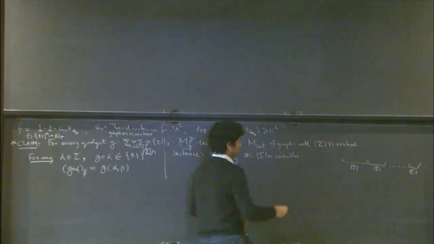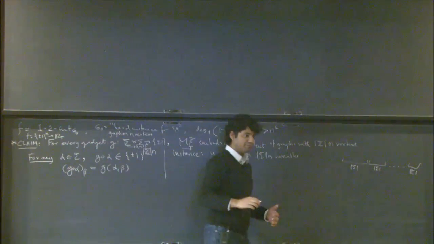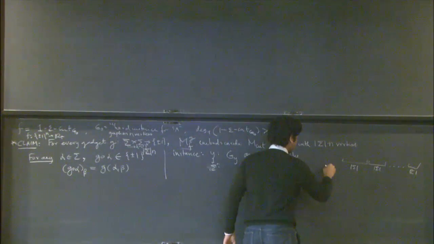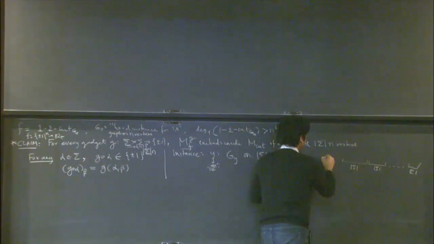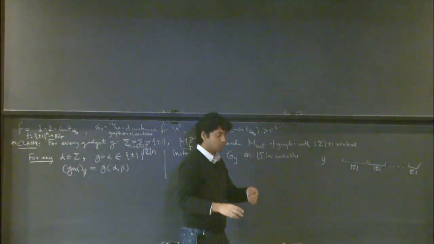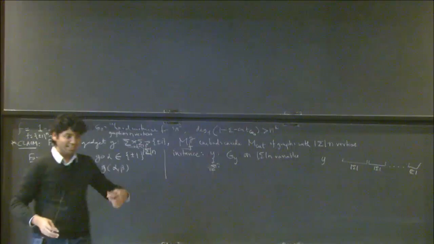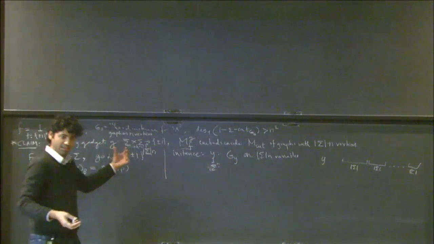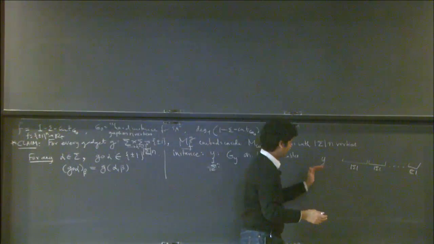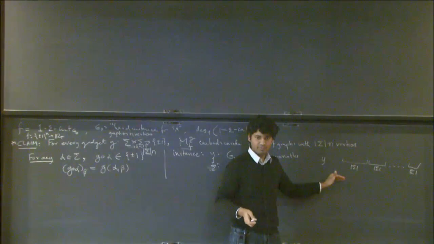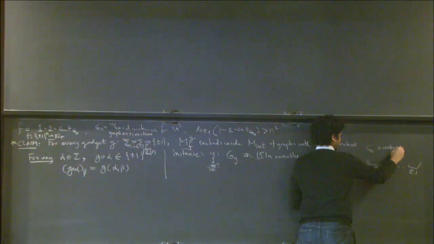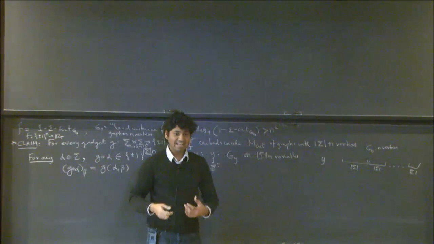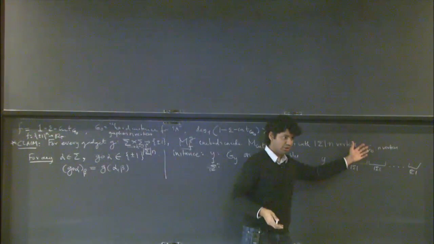And this is my graph, and I want to use some y to tell me what I am going to do, which is take this hard instance G naught and plant it inside some vertices of this larger graph. G naught is a graph on n vertices, so I need to find n vertices to plant it on.